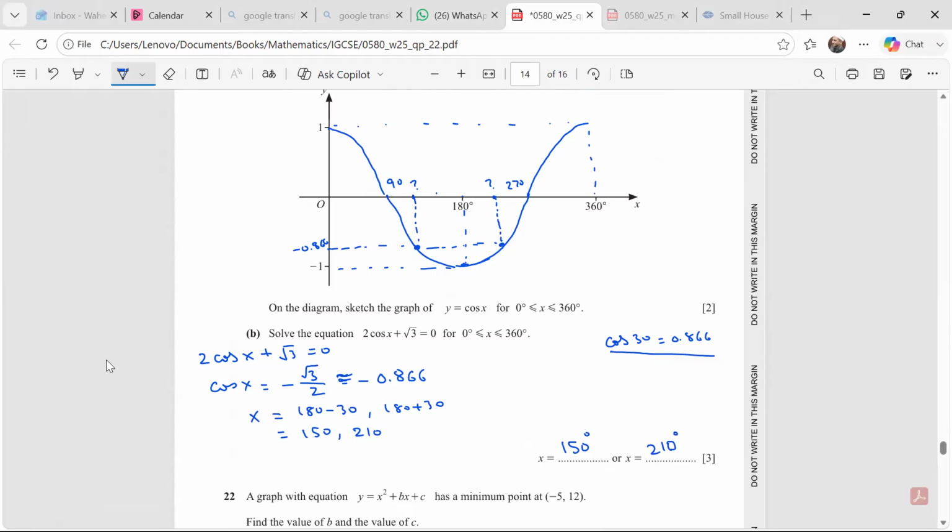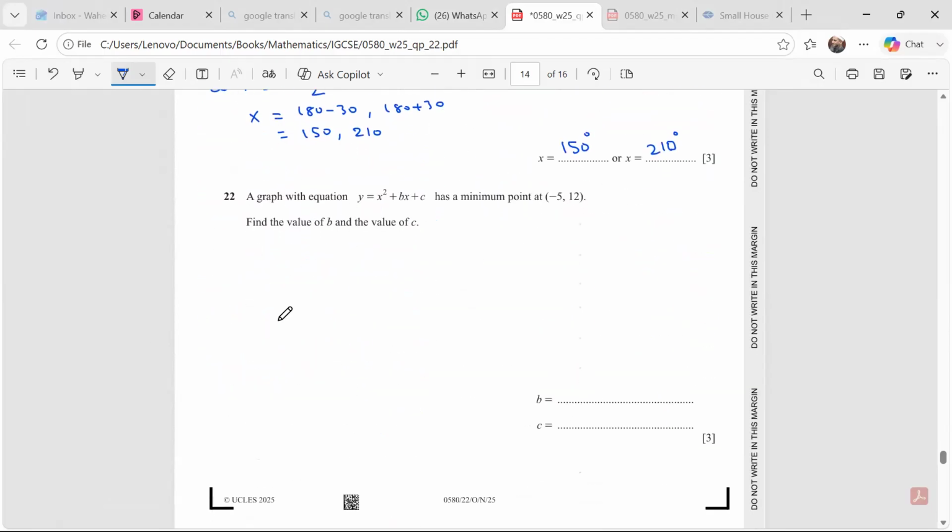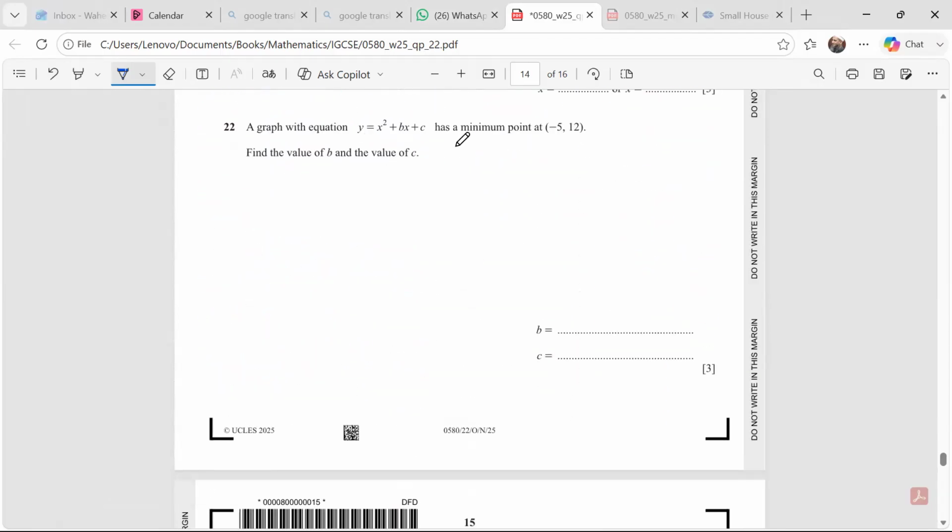Okay. Now, the next question is a graph with the equation of this and a new point. Remember, if I have a graph with minimum point at 0, this is y equals x squared.